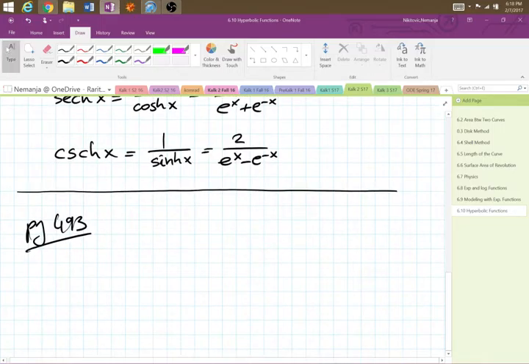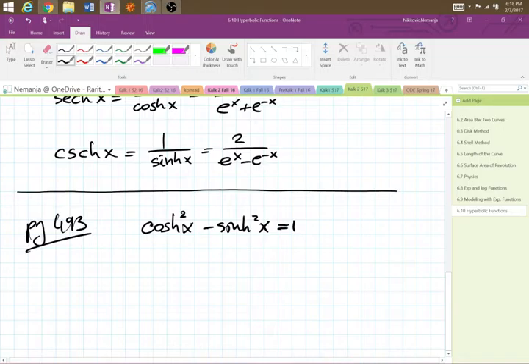And here they are. So cosine hyperbolic squared x minus sine hyperbolic squared x is equal to 1. That's 6 and 4, page 493.